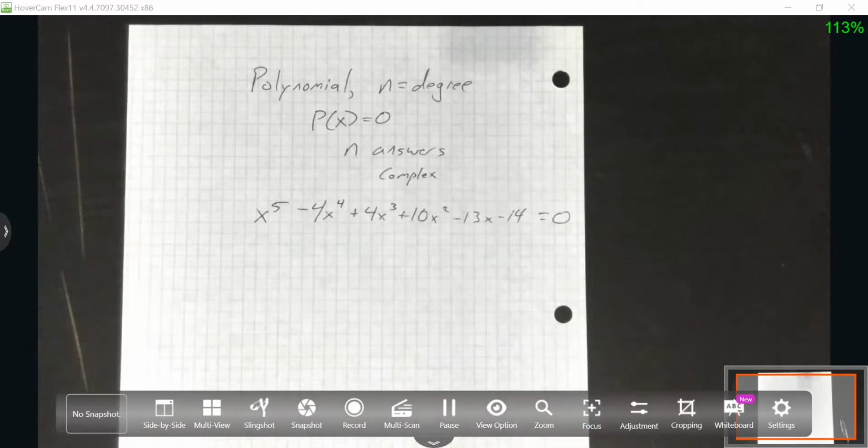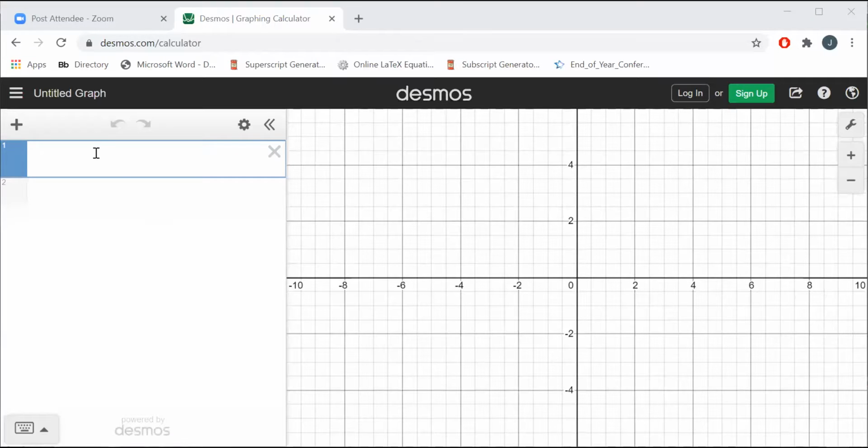You can do it on your graphing calculator, whatever we want to do. All right, so let's stop sharing this real quick, and let's take a look at Desmos here. When we go to Desmos, I'm going to go ahead and type out that horrible thing.